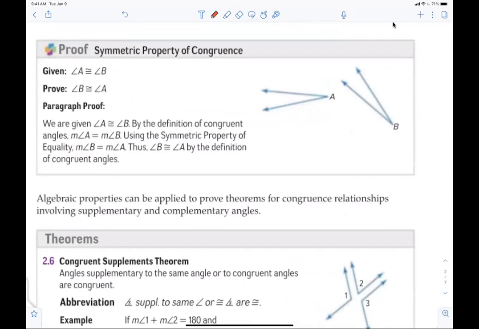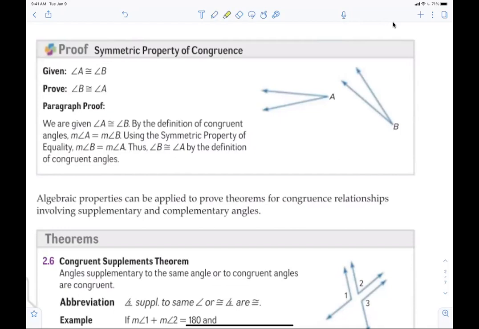See if you can make sense of the proof. Now, this is kind of like a paragraph proof, which is something we don't do. We could write it in a two-column statement and reason format. But listen to this. Given angle A is congruent to angle B, prove angle B is congruent to angle A. That's what we're proving, the symmetric property. All right, so here's how they prove it.